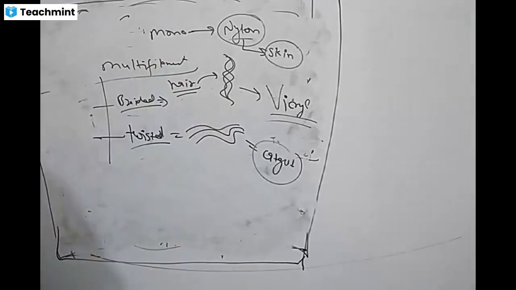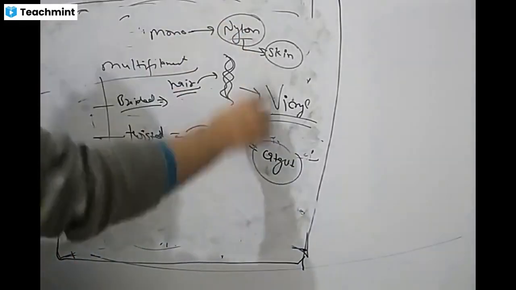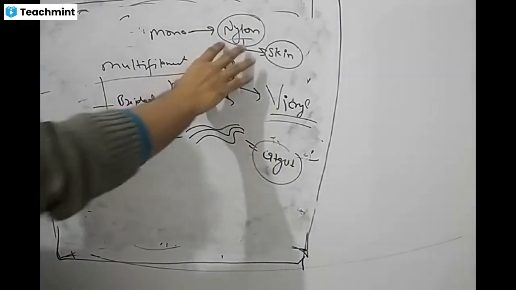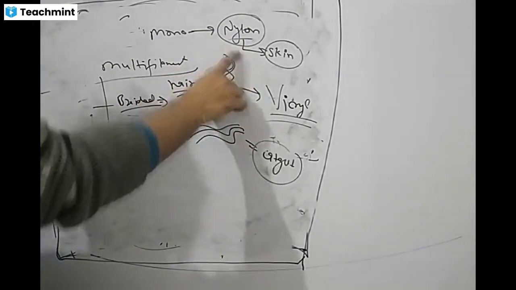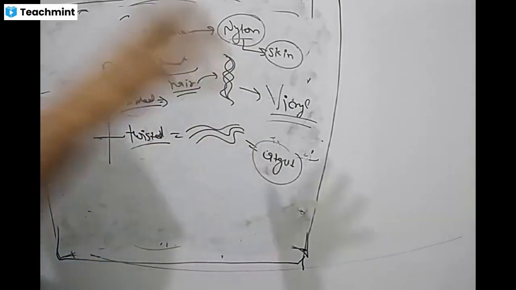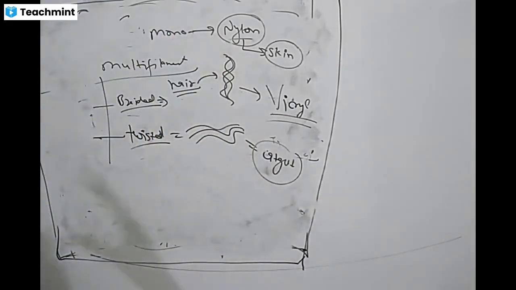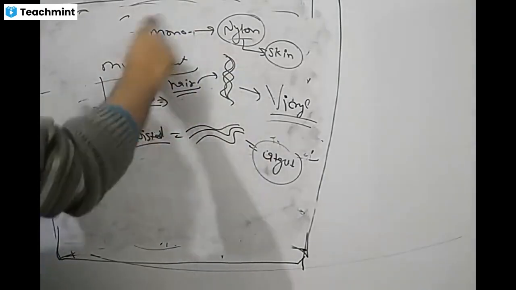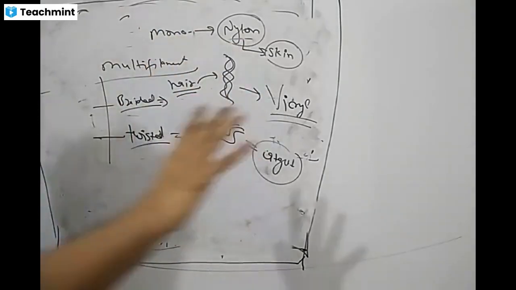So catgut is an example of, so these are the three suture materials which are used in every college, OPD, clinics. Commonly they are used: nylon, vicryl and catgut. Nylon is monofilament, but there are some products of nylon which are available in multifilament format also. But the commonly used is monofilament, that we close the skin.